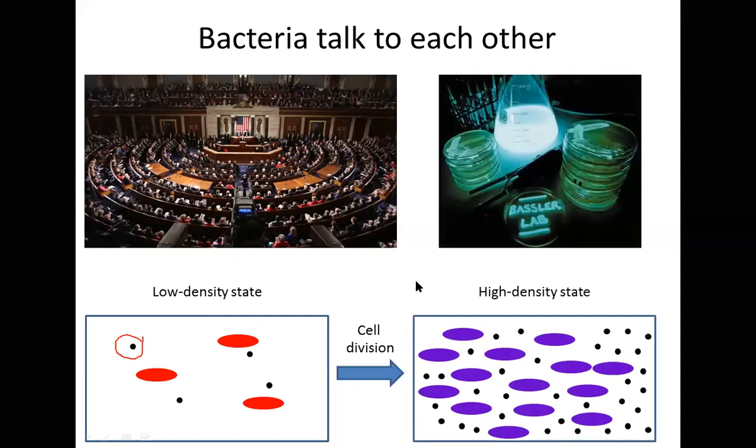They can also literally change colors. This is Vibrio fischeri. It's a very well-known example of a phenotypic shift that's brought about by a quorum-sensing, or population density-dependent, change.